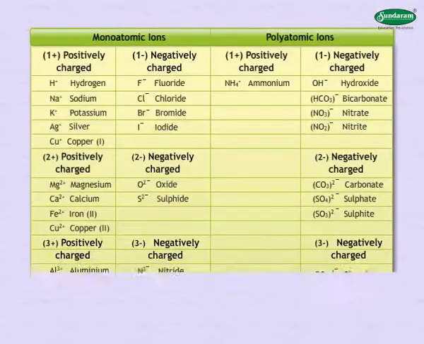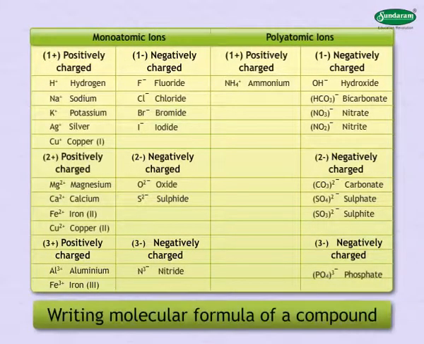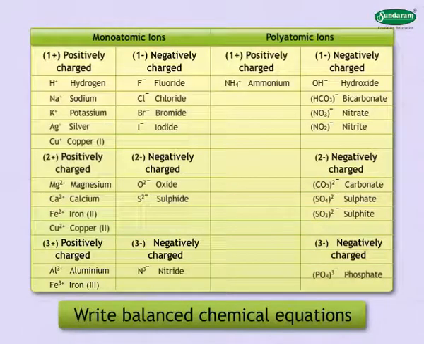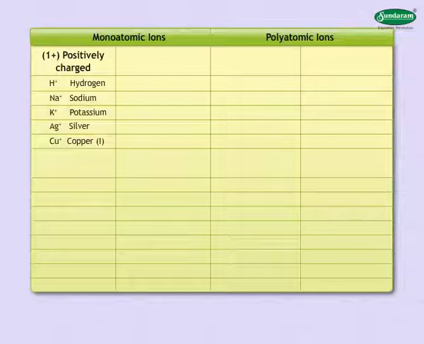Students, here is a list of some commonly used ions and radicals. Knowledge of ions and radicals is useful in writing molecular formula of a compound as well as to understand and to write balanced chemical equations. The monoatomic single positively charged ions are hydrogen, sodium, potassium, silver, and copper 1.